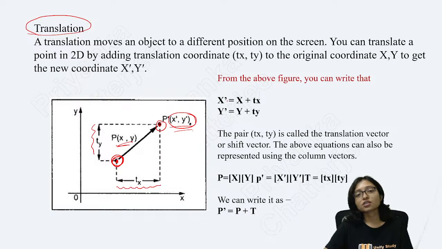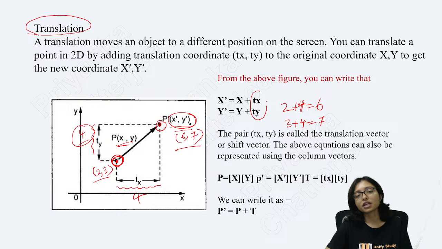So if this is the position, like (2, 3), and this is the position, maybe (6, 7), how much transformation is done? 2 plus 4, I am getting 6, and 3 plus 4, I am getting 7.